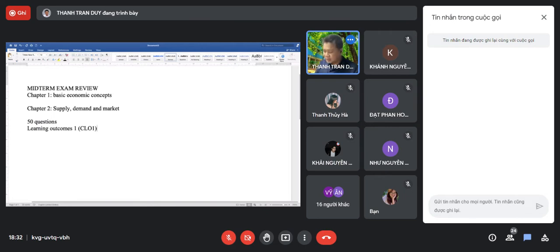It's about theory. And learning outcome 2, CLO2, is about problems, and problem means calculation.